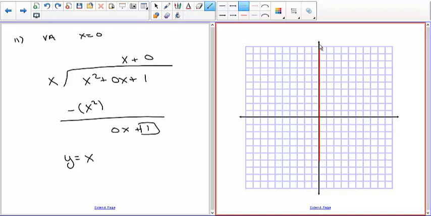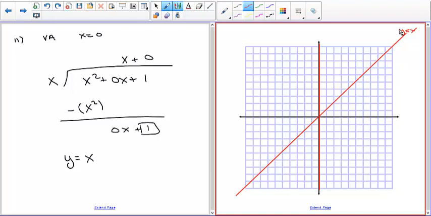In this case, the slant asymptote is this line. So this is y equals x. This is y equals 2x. So, if I pick x equals 1, yeah, still might be okay.